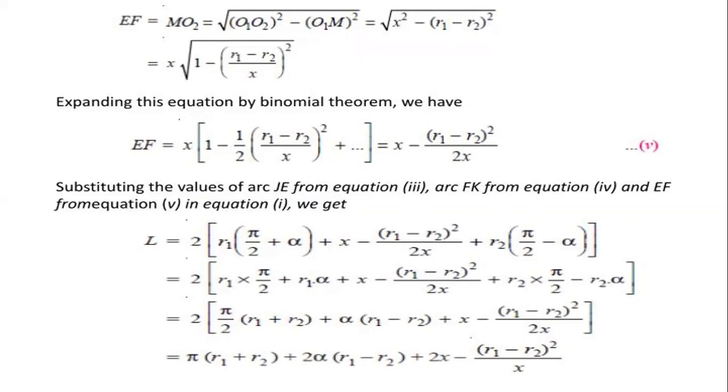So this has to be taken as x, and expanding this equation by the binomial theorem, we have EF is equal to x into 1 minus 1 by 2 into R1 minus R2 by x whole square plus so on.